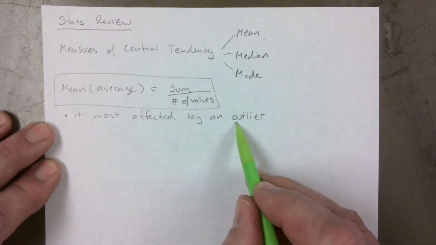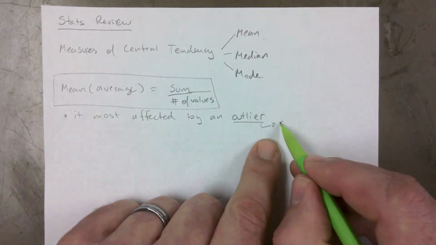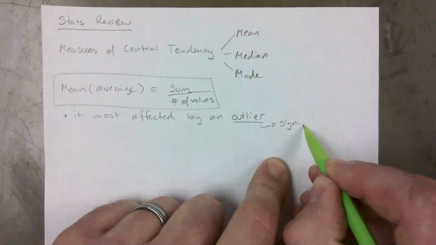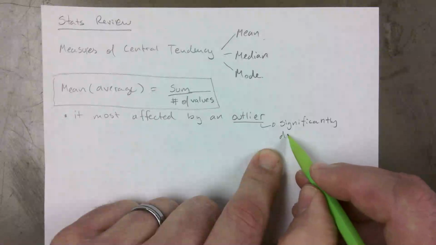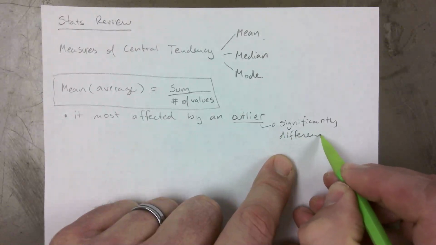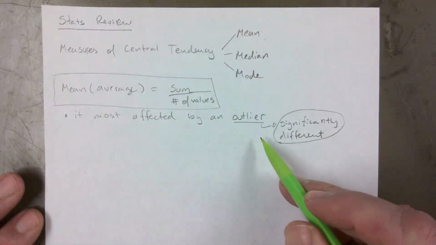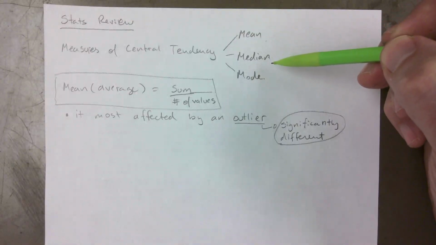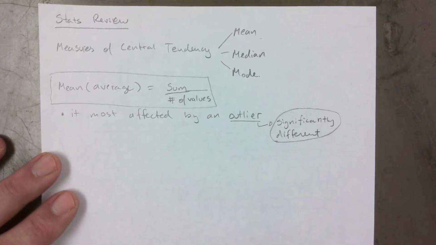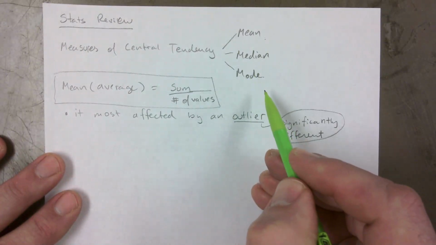And remember that outliers are significantly different from the rest. So mean is mostly affected. Median is not affected by an outlier. And mode, it just depends on the scenario.